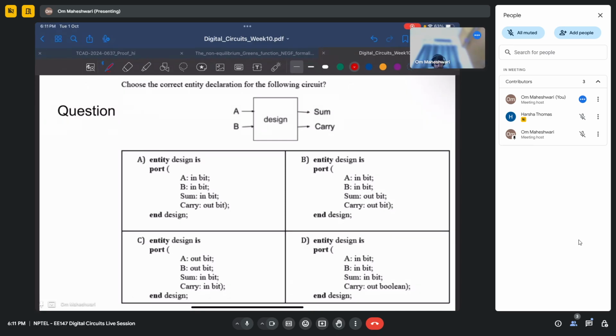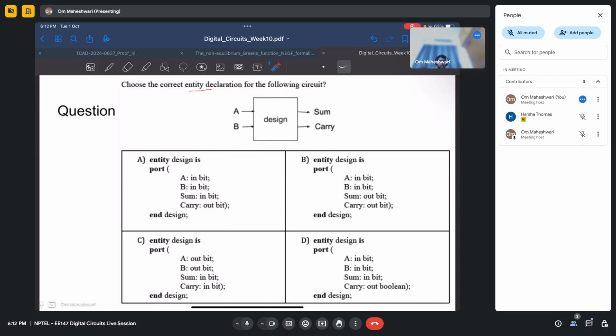First of all, what is an entity? Entity basically describes the input-output configuration of any design that we are trying to build. What ports are there? Are they input ports or output ports? What kind of data type does each port support? All that is defined in the entity.